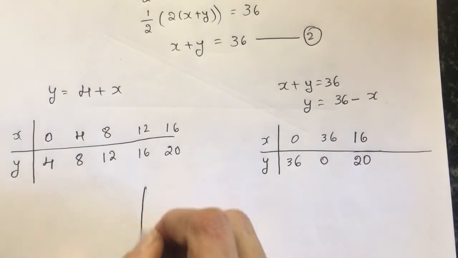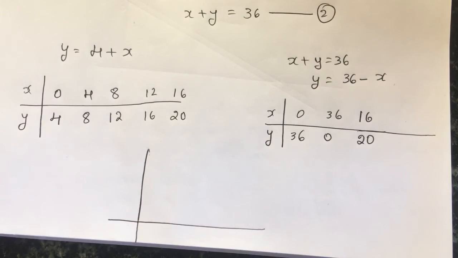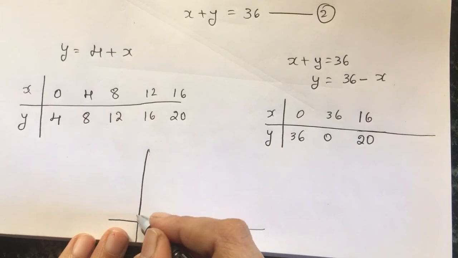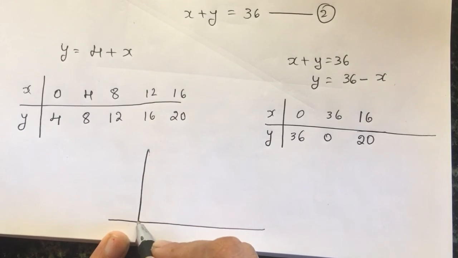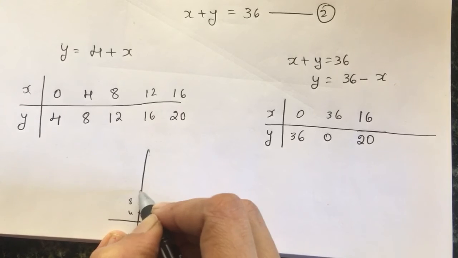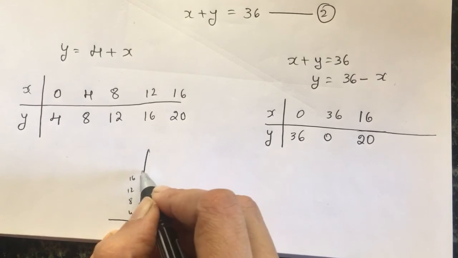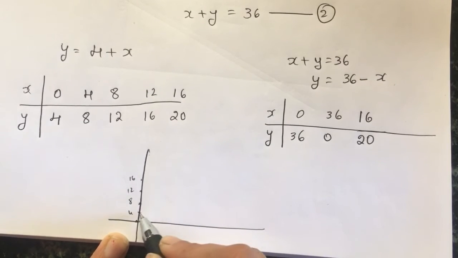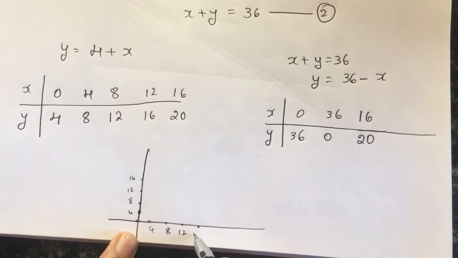Now you draw. I'm drawing roughly. When x is 0, the value of y is 4. I have to take these points, so I'll take multiples of 4 here: 4, 8, 12, 16, like that.